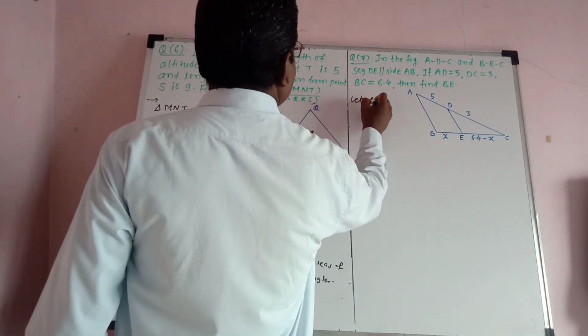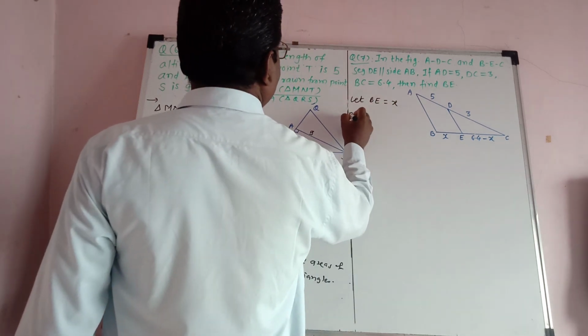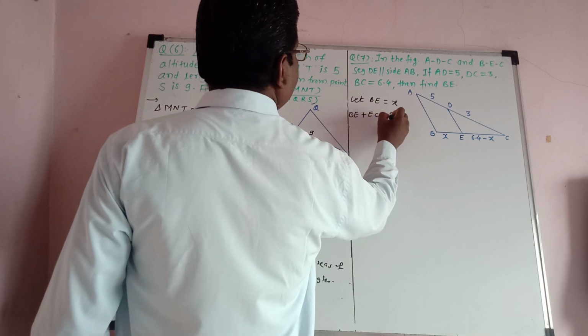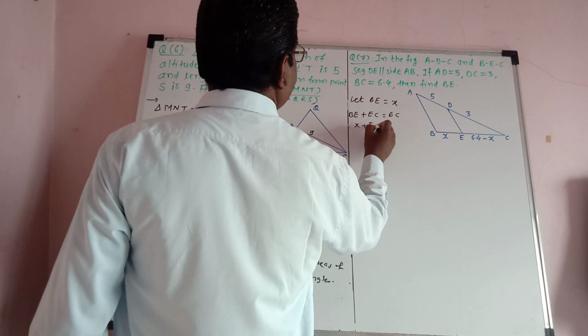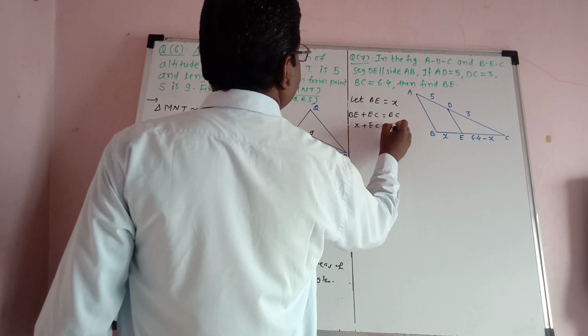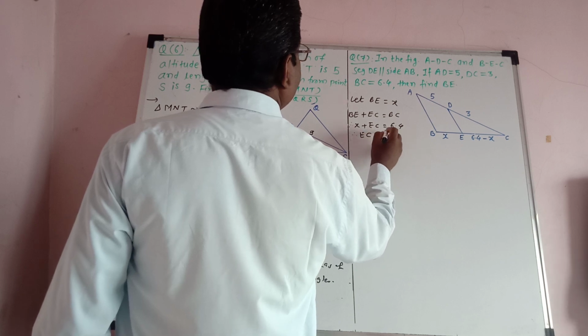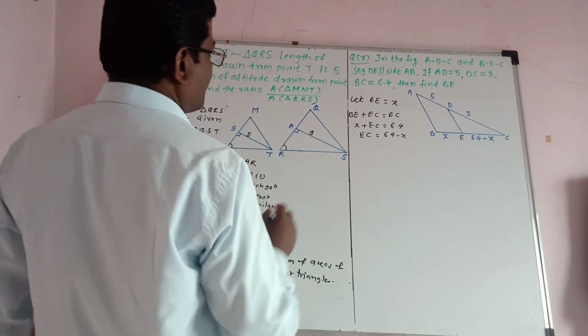Let BE is equal to X. Now BE plus EC is equal to BC. Therefore X plus EC is equal to BC, which is 6.4. Therefore EC is equal to 6.4 minus X.